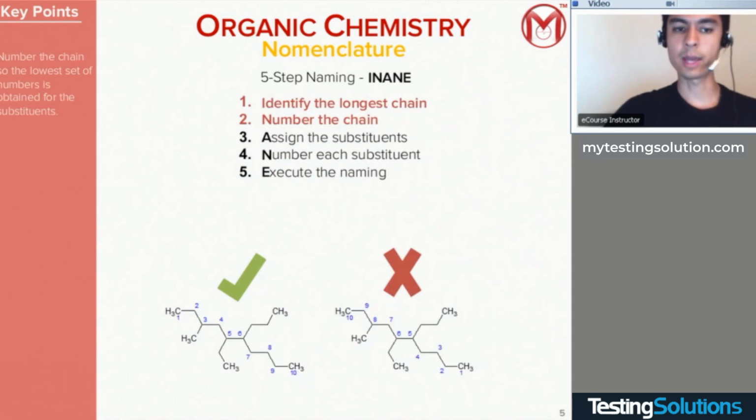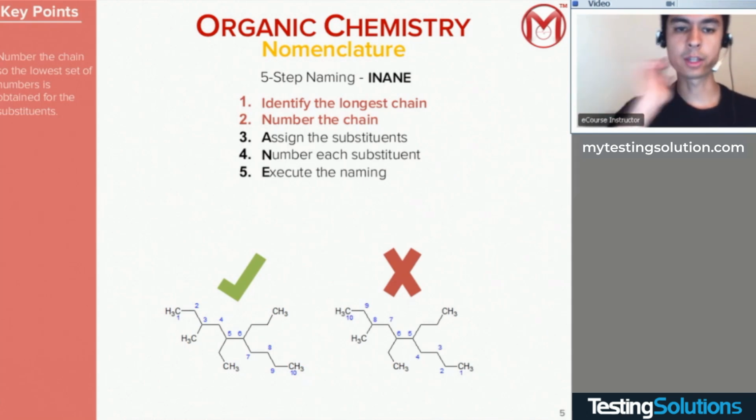So the first step, identifying the longest chain and numbering it. Suppose we have this large organic molecule here. We want to first look for the longest chain. So is it this chain, or is it this chain, or is it this chain? Okay, it's the pink one. It has the largest number of carbon atoms.